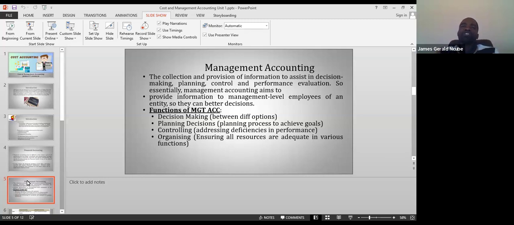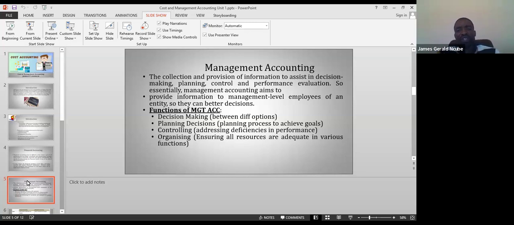When goals have been set, there's no guarantee that they're going to be achieved. Sometimes there may be deviations or variations from the set objectives due to a number of reasons or constraints. So management accounting will also assist in controlling those deficiencies so that the organization is brought back on track so that the perceived goals are achieved. Then finally, it also helps us in organizing.